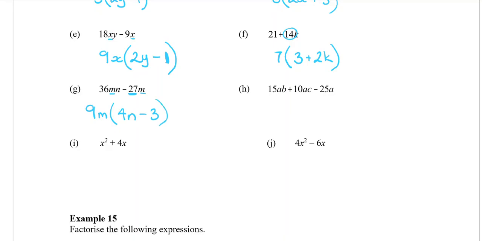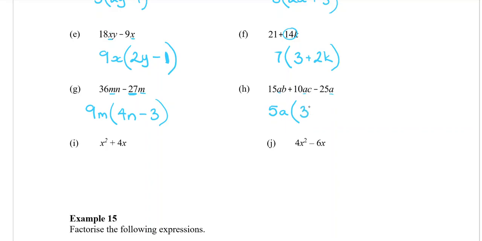Looking at h, we have 3 terms for the first time, and we can still factorize if we can find a factor that works for all 3 of them. So each of those numbers there can be divided by 5, and they all have an a, so the a is going to come out the front. Okay, open the brackets and let's put the leftovers inside. 15 divided by 5 is 3.